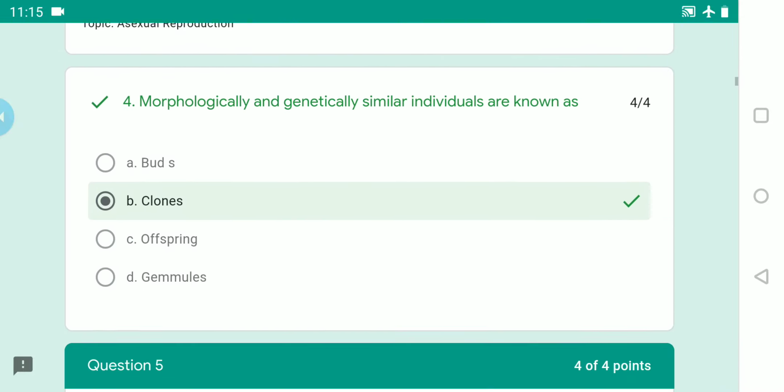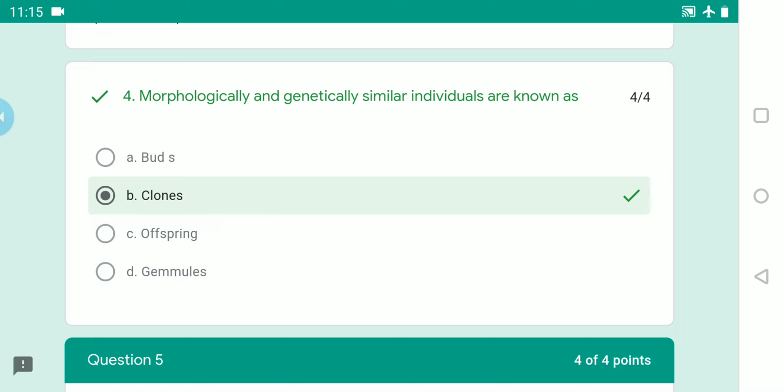The next question. This question is nothing but the definition of clones. Morphologically and genetically similar individuals are known as clones. This comes under the characteristic features of asexual reproduction, that is, not involving sex.